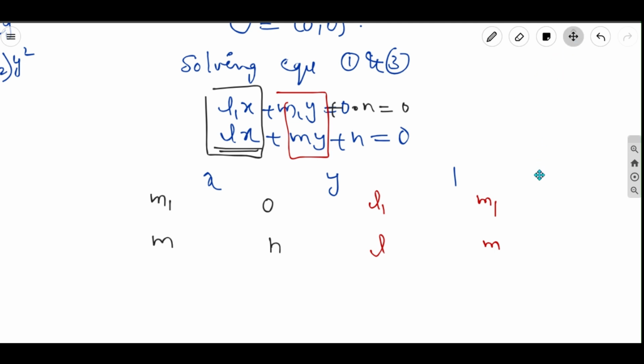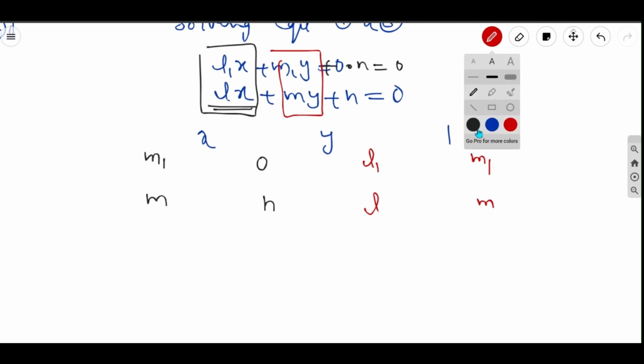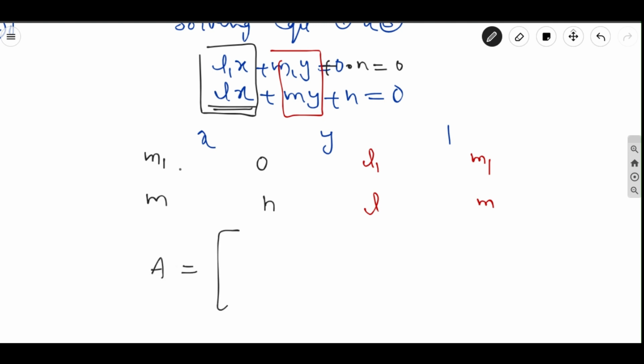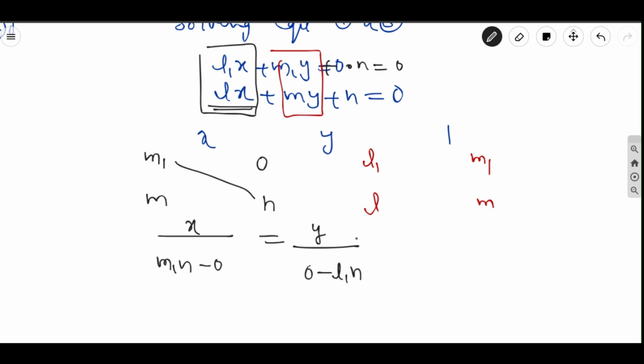By cross multiplication, we get the point: x / (M1 n − 0) = y / (0 − L1 n) = 1 / (L1 m − l M1).